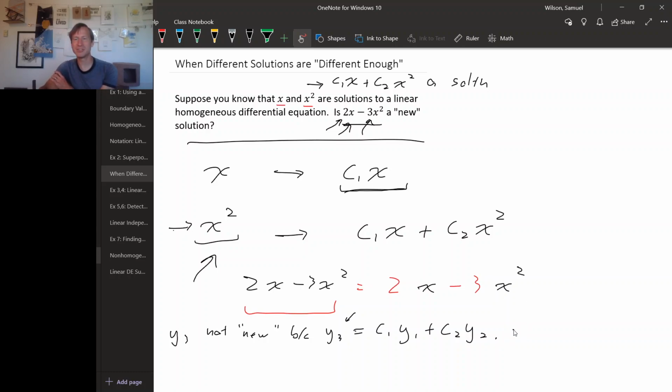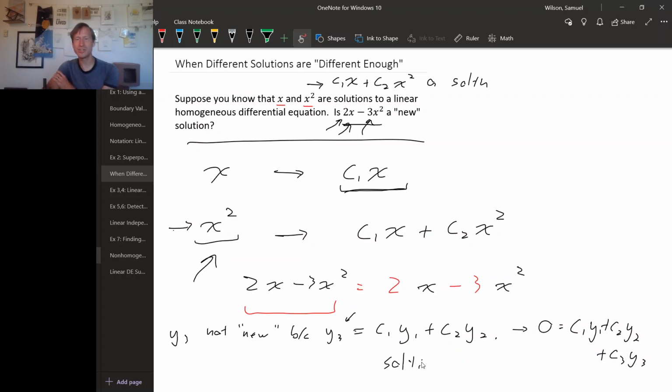But we can rearrange this, move y3 to the right. So you get 0 equals c1 y1 plus c2 y2 plus, also you might need a constant here. And what made this third solution not a genuinely new solution was that we can solve this.